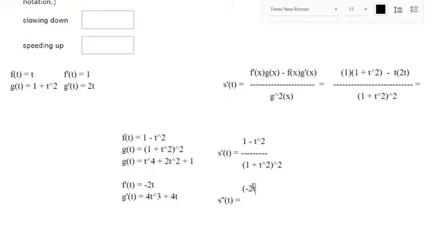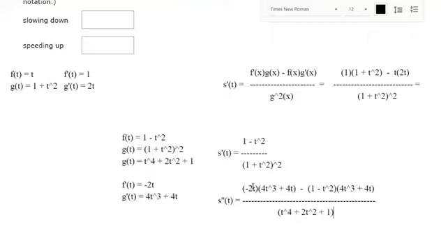This is negative 2t times g, and then f of t in this case is 1 minus t squared times the derivative of g, and then it's all over the original g squared, t to the 4th plus 2t squared plus 1.